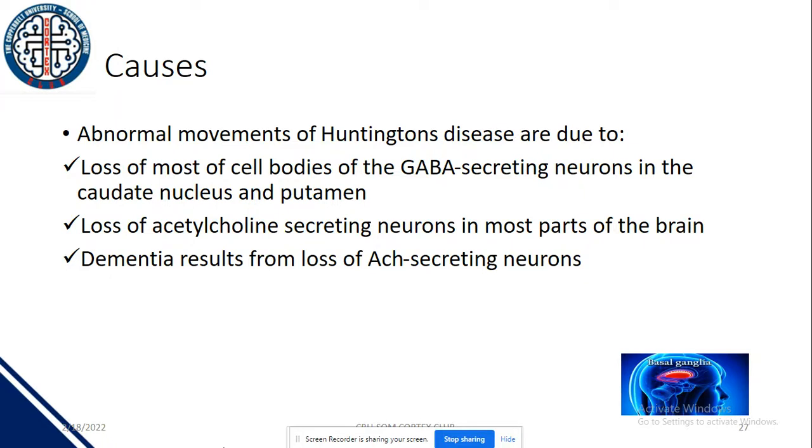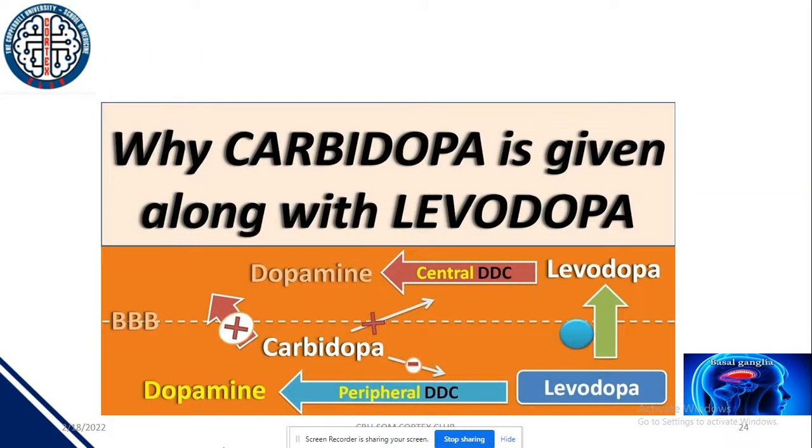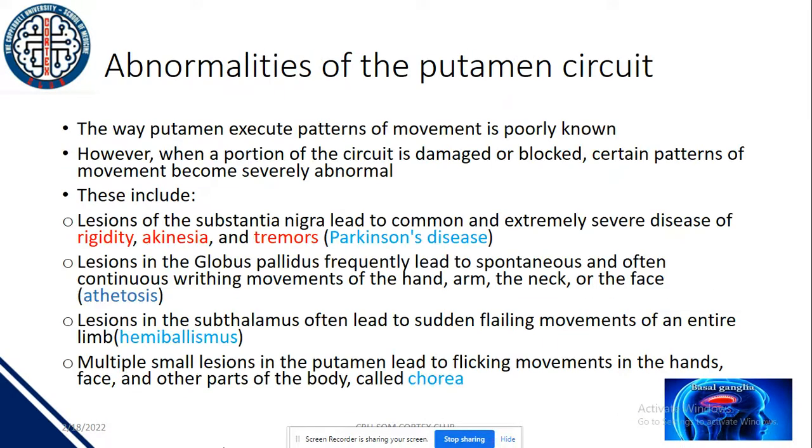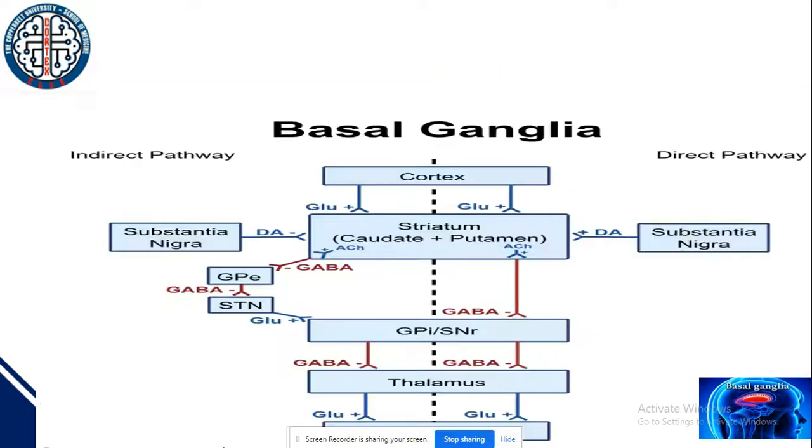And if less GABA is being produced, what will happen? I just want you to go to the previous slide where we had that pathway which was showing GABA. Yeah, just here. Now, imagine we have a defect in the striatum, specifically in the putamen and the caudate.